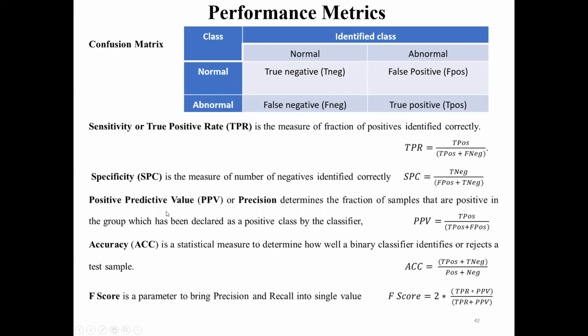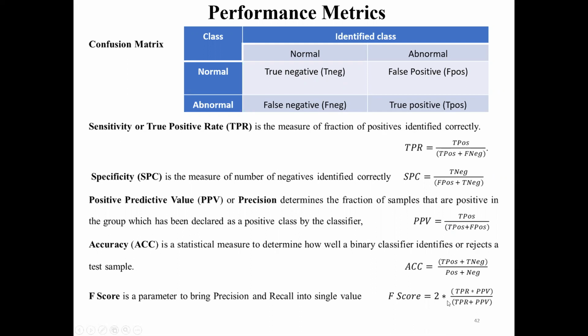Positive predictive value is another performance metric, also called precision, that determines the fraction of samples that are positive in the group which has been declared as the positive class by the classifier. So PPV is given by this equation, and accuracy is taken as another performance metric. The F score is another parameter to bring precision and recall into a single value.